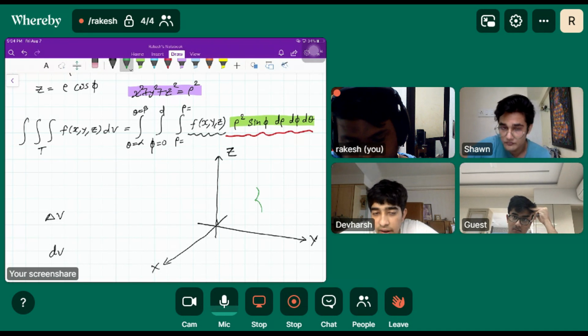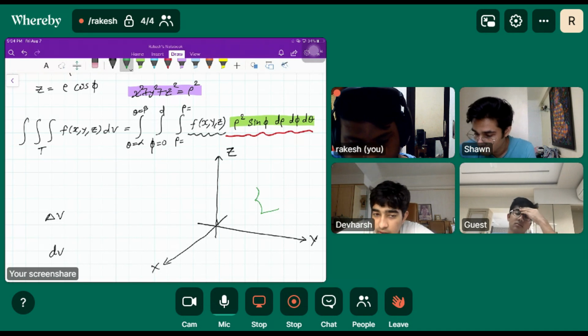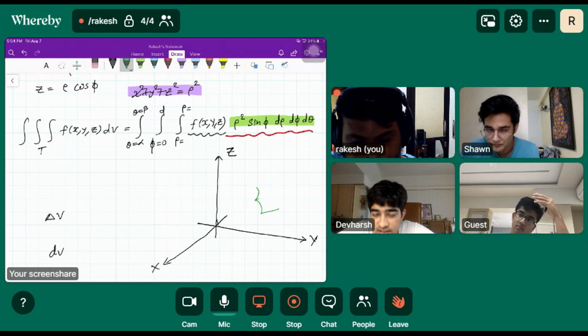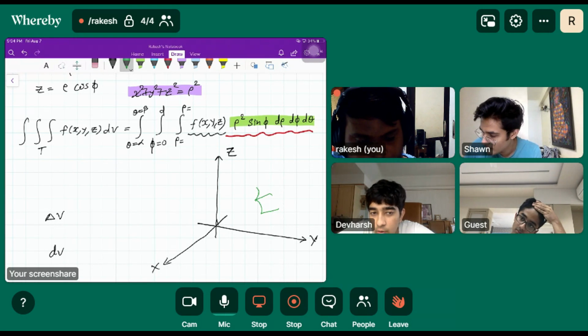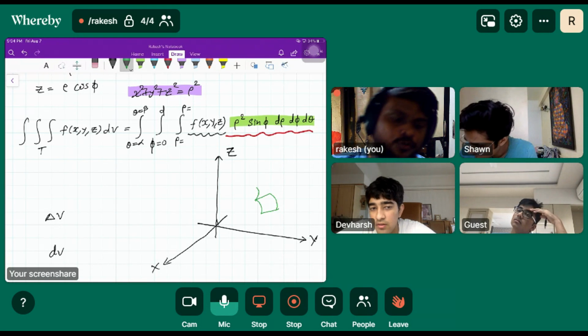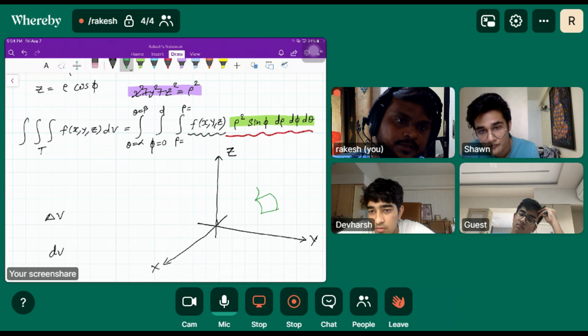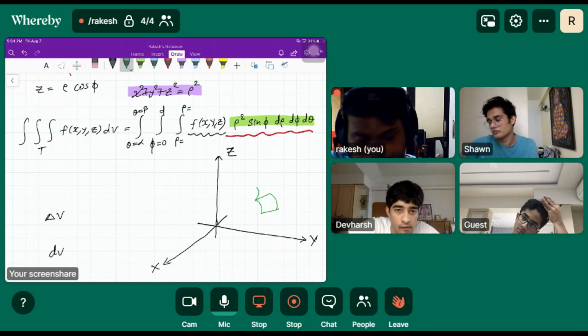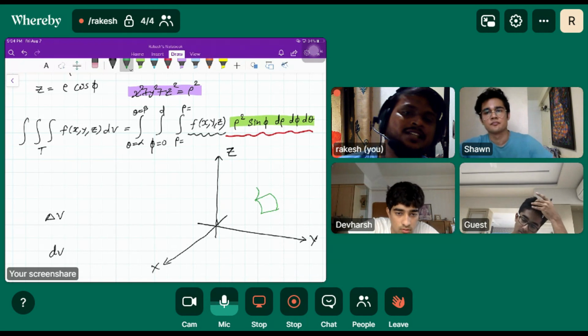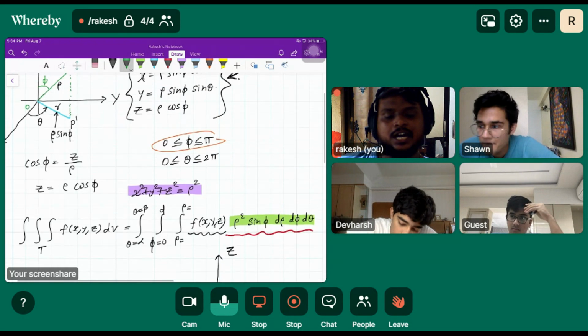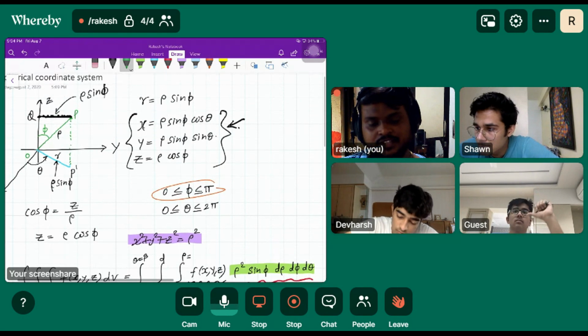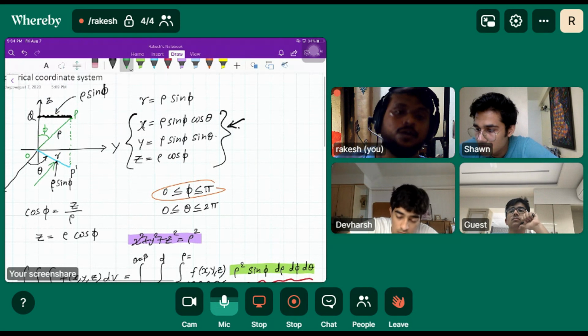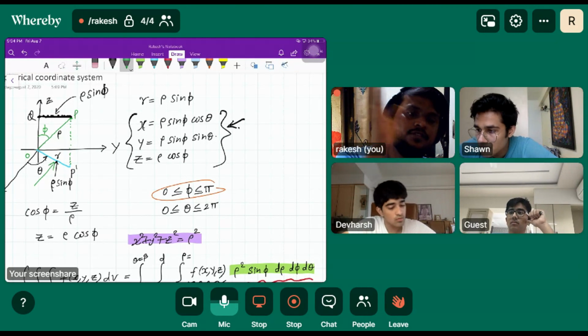In your integral setup, rho square sine phi is basically rho into r, because rho into r gives rho square. But I wanted to take r because I want to explain that x is equal to r cos theta and y is equal to r sin theta.